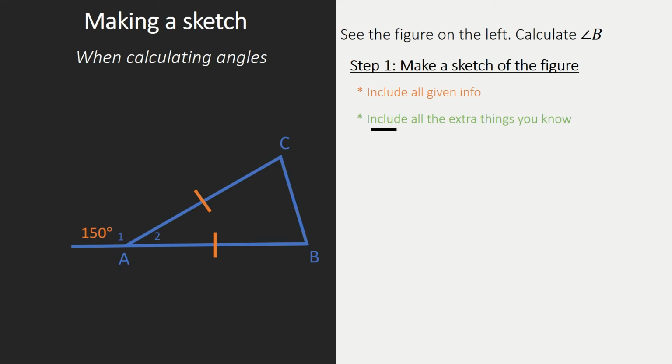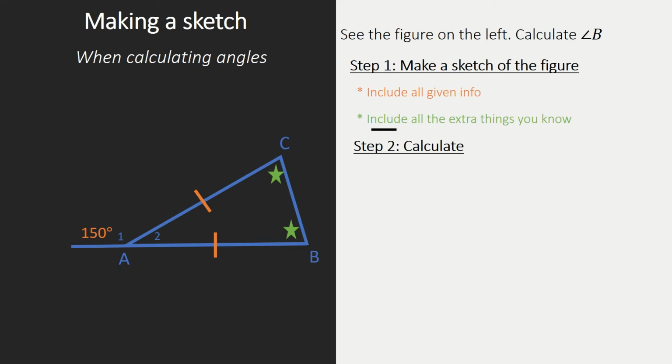So we know that edge AB and edge AC are equal. So that means that it's an isosceles triangle. That means that an isosceles triangle has base angles which are equal. So angle B and angle C are equal. So we can already put there some symbols that tell us that they are the same. In this case, I've chosen to put some stars.